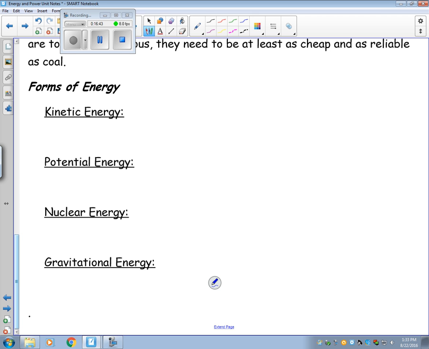Okay, real quick, some forms of energy. We have kinetic energy. This is the energy of motion. Potential is stored energy.